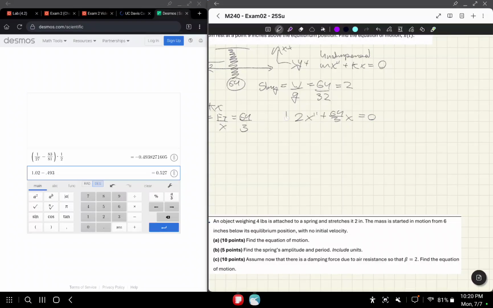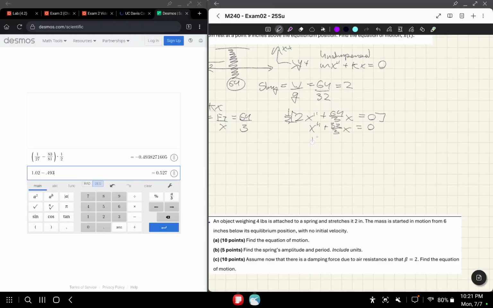For simplicity's sake, divide the whole equation by 2. So we will have x'' plus 32 over 3 x equals 0. Now we can do the quadratic to find the roots.